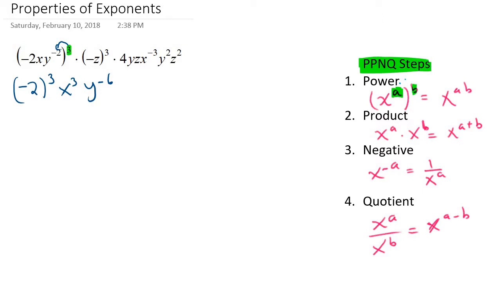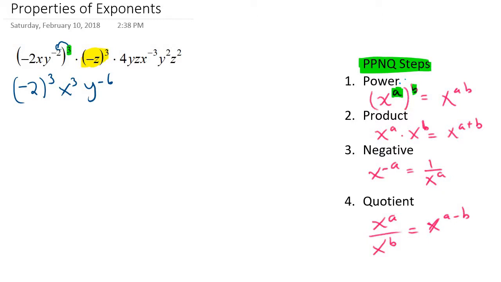Okay, so we've done the first part of the expression. We go to the second part, which I'm going to highlight in yellow. This part, we have to be careful. Anytime you see a negative in front of a variable, that negative is actually -1. So we're going to treat it as -1.